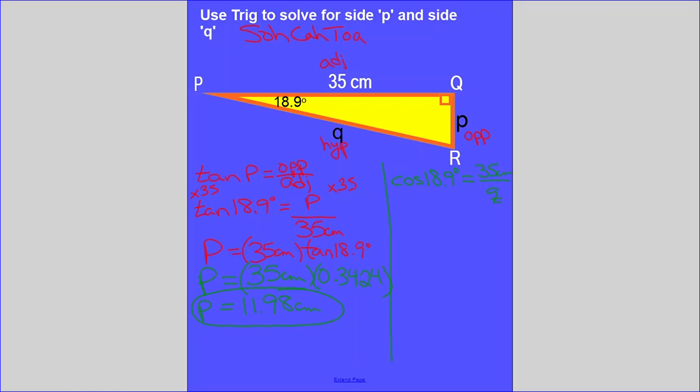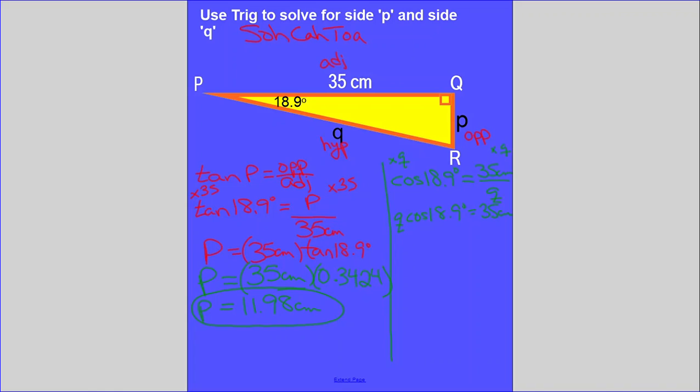But now my variable's on the bottom. I'm going to multiply by Q on both sides, so times Q and times Q. And I'm going to have Q times the cosine of 18.9 degrees is equal to 35 centimeters.